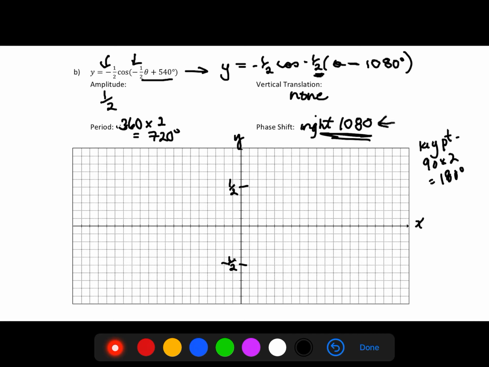And our key points are going to happen every 180 degrees. Because we want to make sure we have lots of room to move, we're going to keep it smaller. So every 4 blocks is 360.